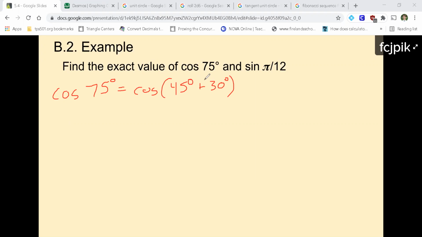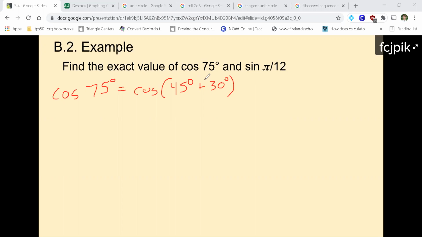Everyone agree that's true? 45 plus 30 is 75. And that's an important rewrite because I know what cosine of 30 and cosine of 45 is. I can use my unit circle to find those.